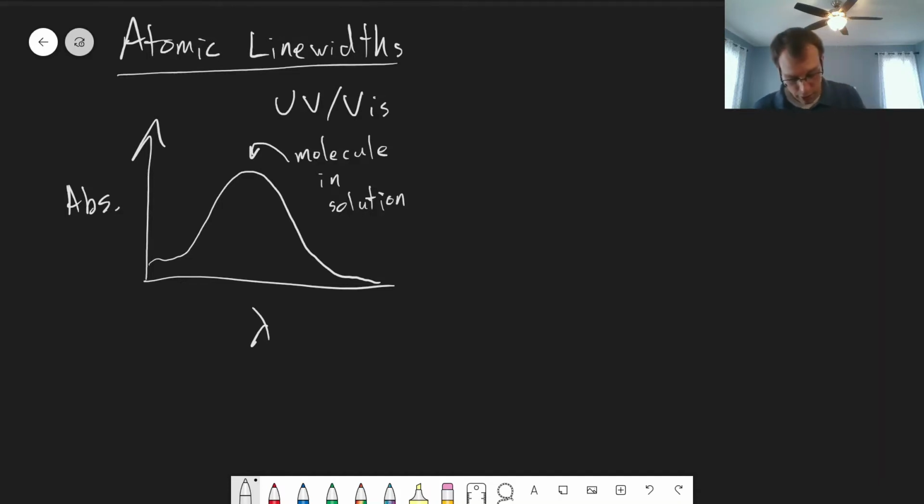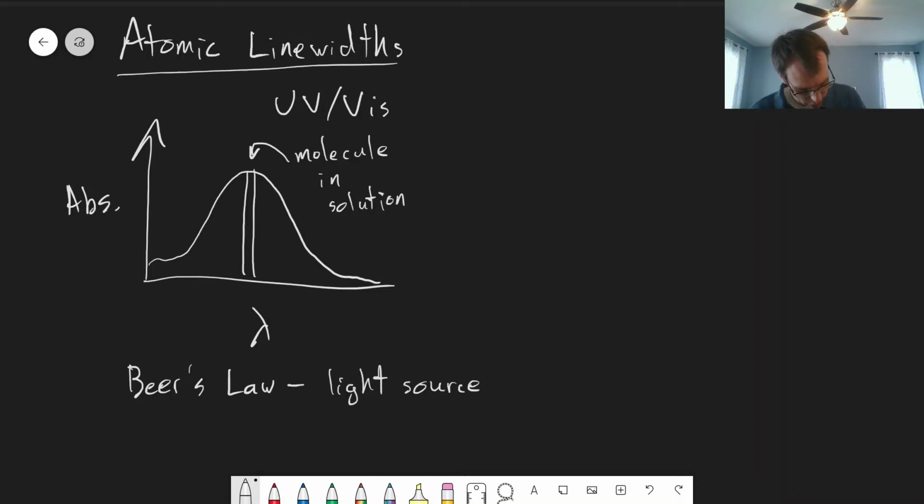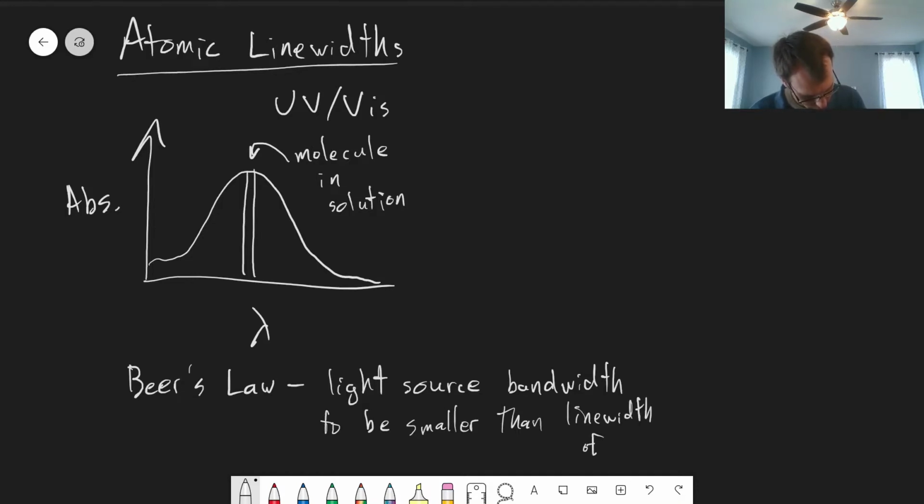And for Beer's law to be effective, we need the bandwidth of our light that we're measuring with to be much smaller than the width of the peak that we're looking at. So Beer's law, we want the light source bandwidth to be smaller than the line width of the absorption peak.